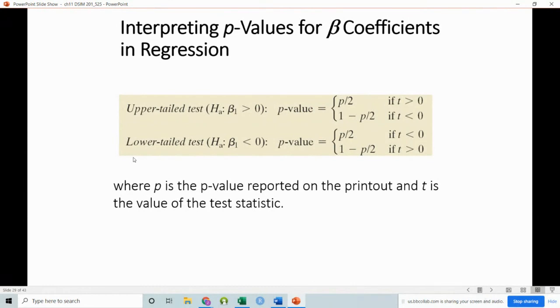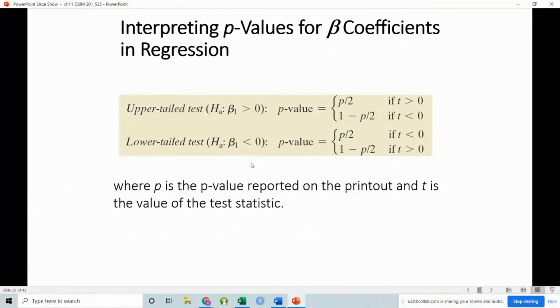So to adjust to make a one-tailed, we have to divide the p-value by 2, and depending on the direction, we have to subtract from 1. So if we have beta 1 greater than 0, then we just divide that p-value by 2. And if we want to look at the other side, we have to take 1 minus that value to get the other side.